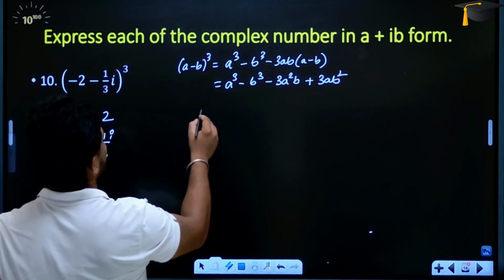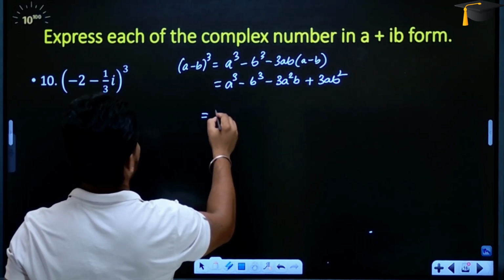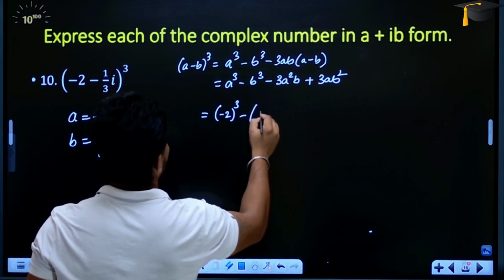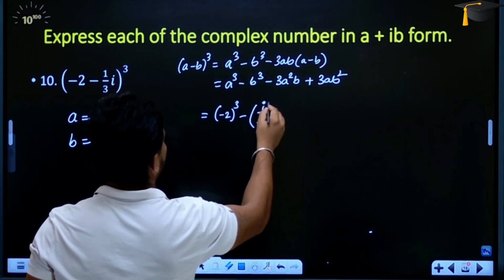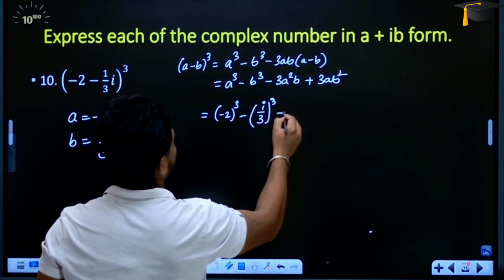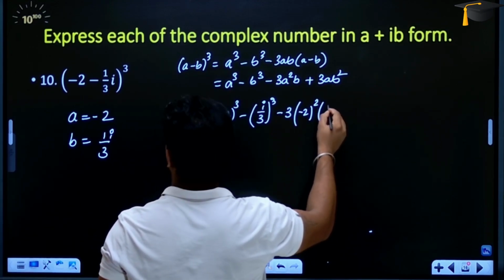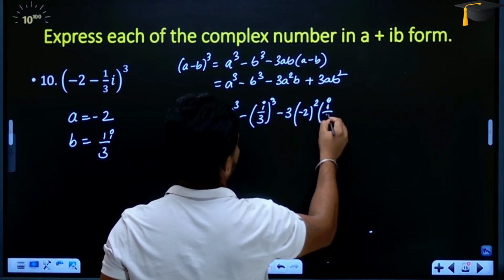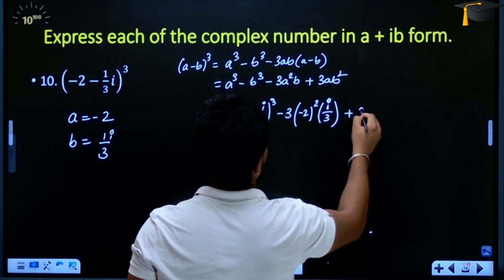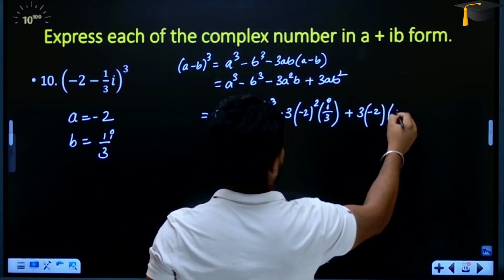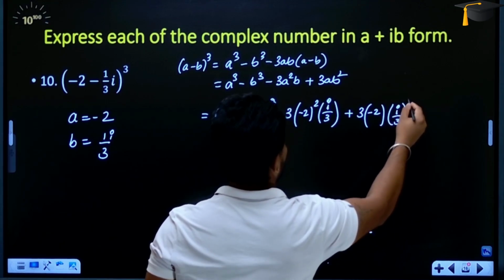So let's do that. So it is a cube, that is minus 2 cube, minus b cube, that is i by 3, I'll write i by 3 whole cube. Okay, minus 3 a square, that is minus 2 square, into b, that is i by 3, plus 3 a, that is minus 2, b, that is i by 3 the whole square, children.